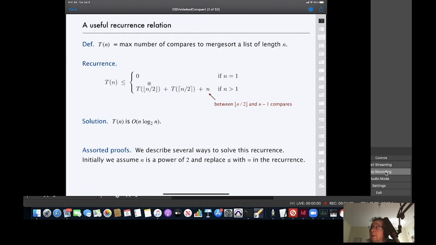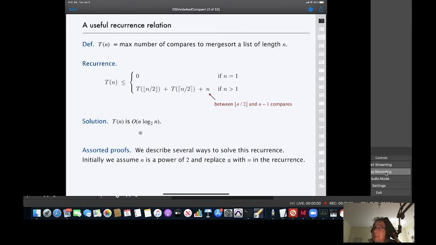But for n greater than 1, it would be represented by this formula: just the time for the first recursive call plus the time for the second part of the file plus the merging of the two results from the recursive calls. Turns out that this quantity is really big O of n log 2 of n.